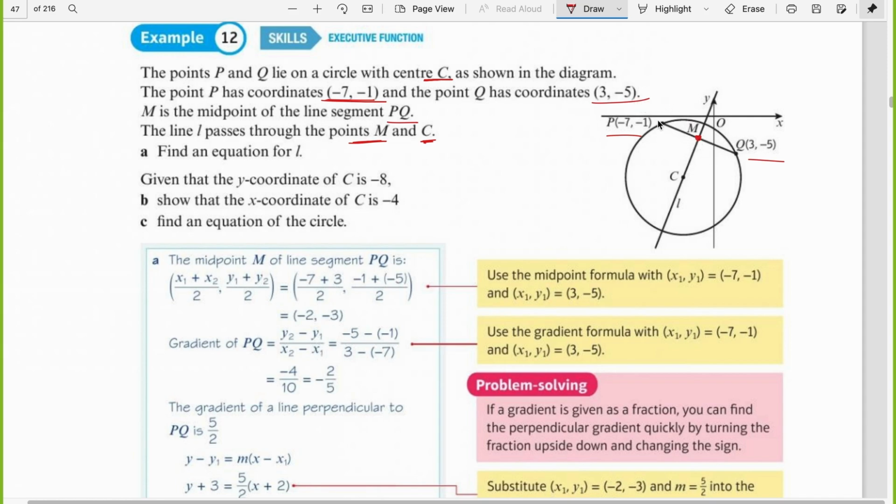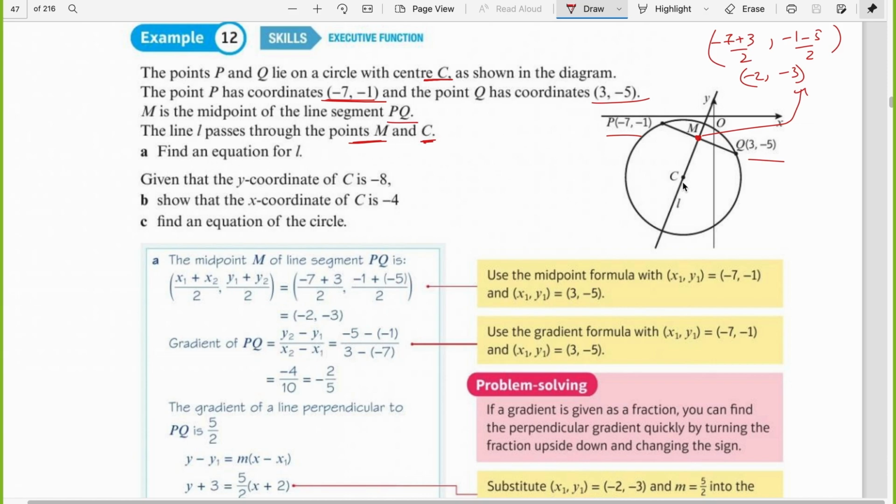So point M could easily be found: 7 plus minus 3 is 4, and minus 1 plus 5 is 4, divided by 2 for the midpoint. So 4 by 2 is 2 and 4 by 2 is 2.